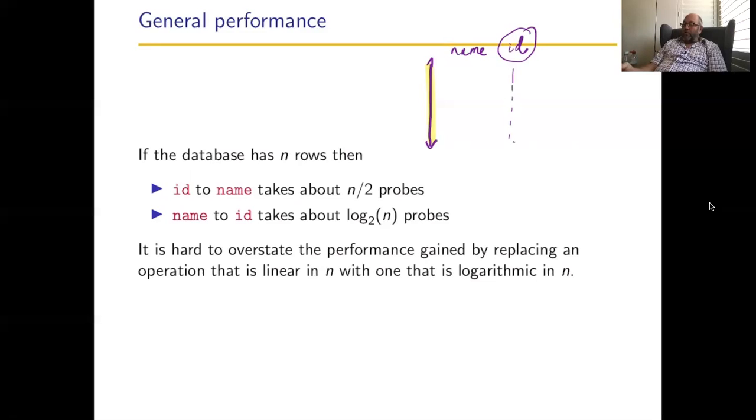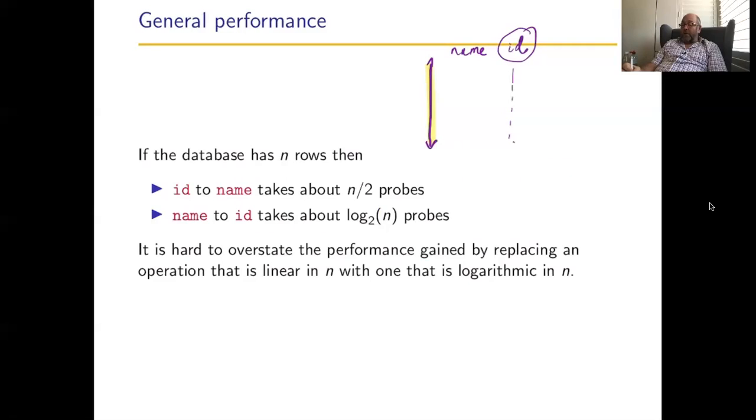I say on average because if the thing you're looking for happens to be at the very top of the database, then you'll find it immediately. If it's at the very bottom, you won't find it till you've looked at every row. But on average, n over 2.